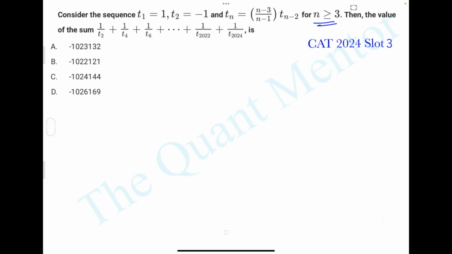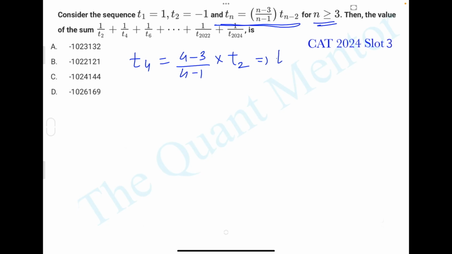Alright, interesting question, not very simple, slightly tricky. So let's solve this one. The question says tn is equal to (n − 3)/(n − 1) into t(n−2). So from here, I can figure out the value of t4, right? t4 will be (4 − 3)/(4 − 1) into t2.